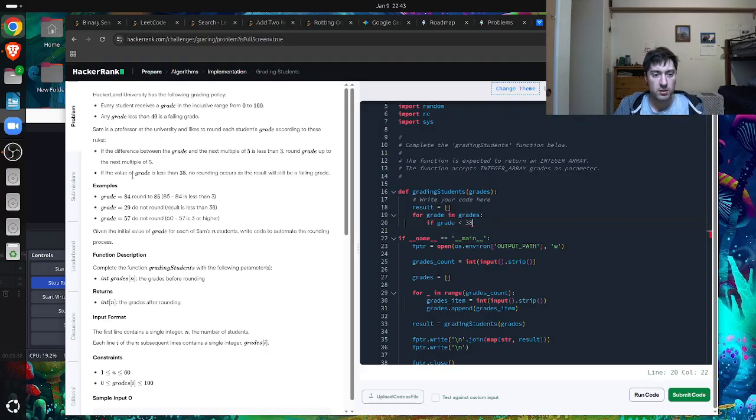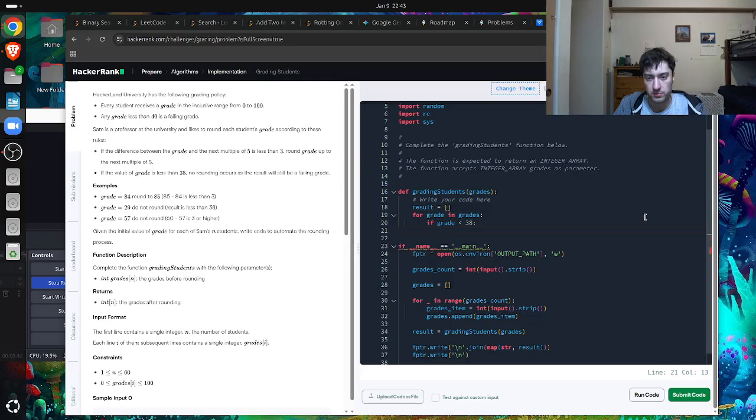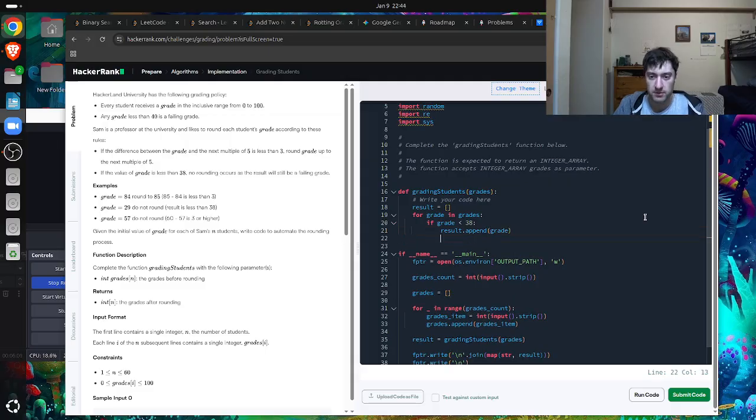If it's less than 38, no rounding occurs. So we can just do result.append(grade), and then continue like this.